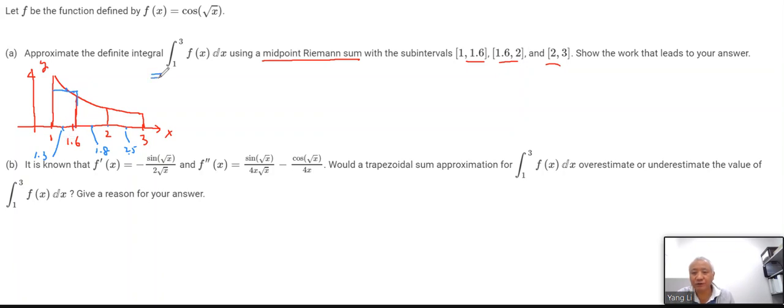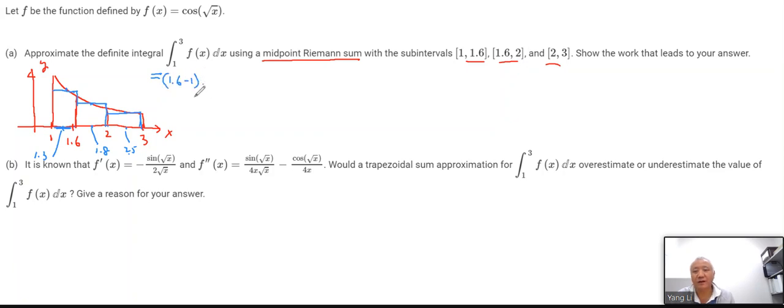So this integration will be estimated as follows. Find the area of this rectangle, then the area of this rectangle, and then the area of this blue rectangle, okay? So how do you do that? The base here is 1.6 minus 1, which is 0.6.